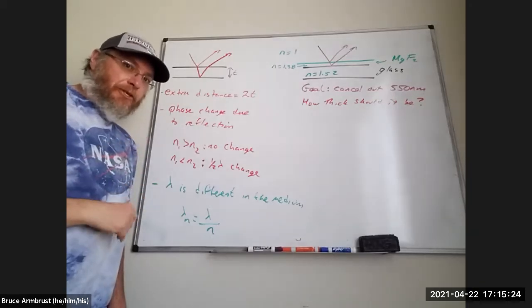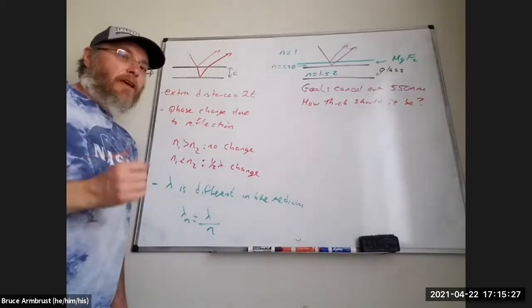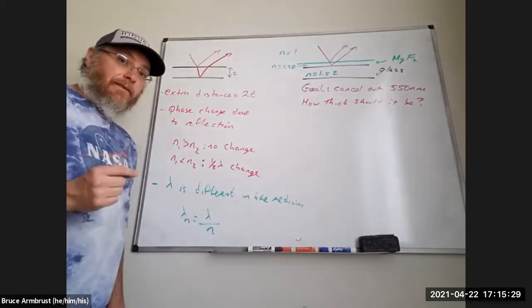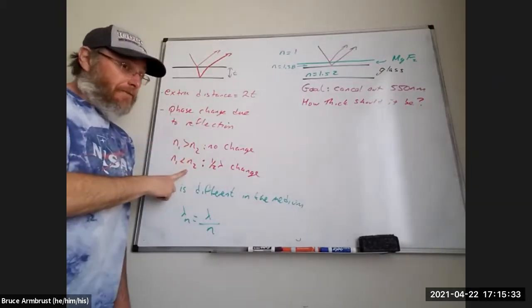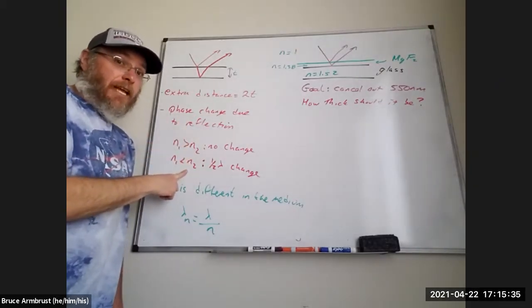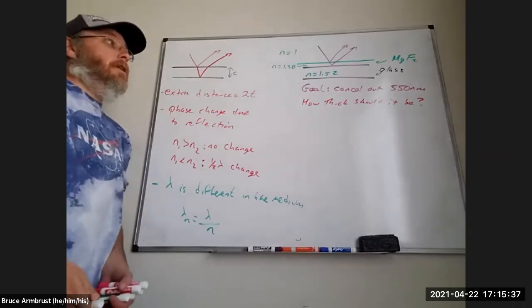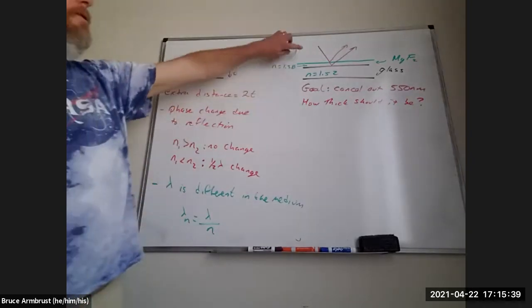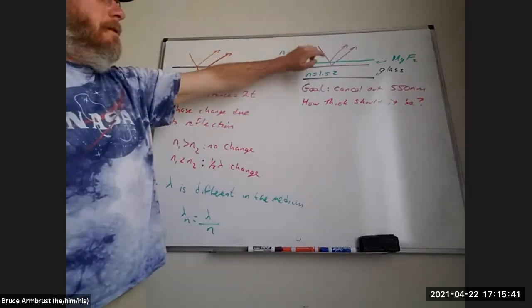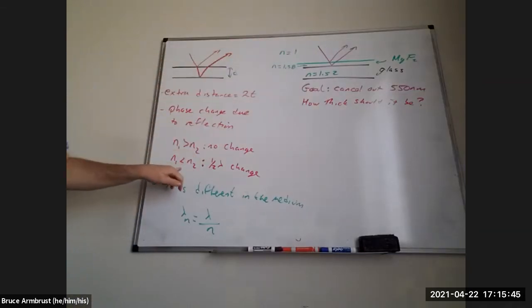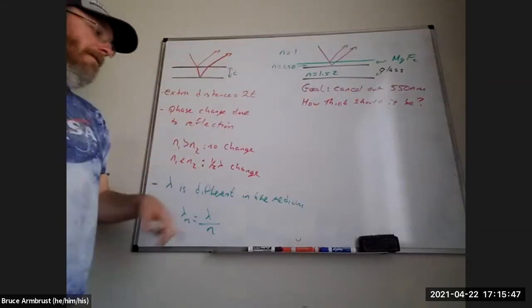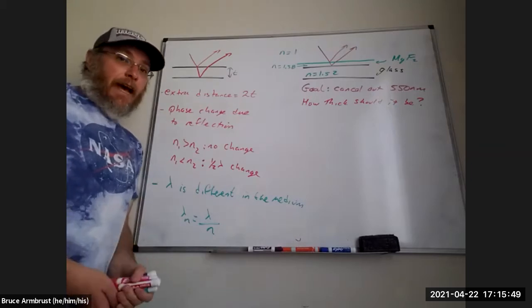So here's the first thing we should do. We should think about what happens when we reflect. What kind of phase difference are we going to get due to the reflection at those two surfaces? Starting with the air to magnesium fluoride, we're going from smaller to bigger n. From smaller to bigger means that it's going to immediately get half of a wavelength out of phase.